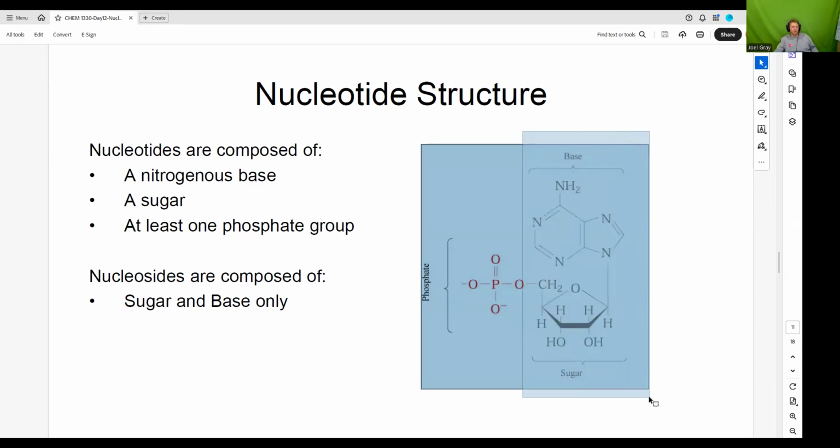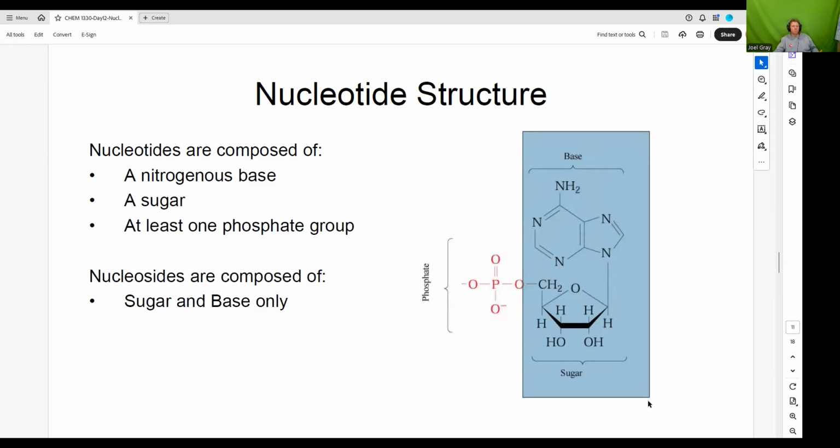What if I gave you this? What have I highlighted? Answer in the chat what I've highlighted there.